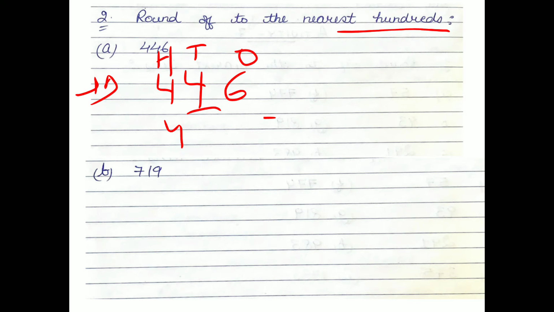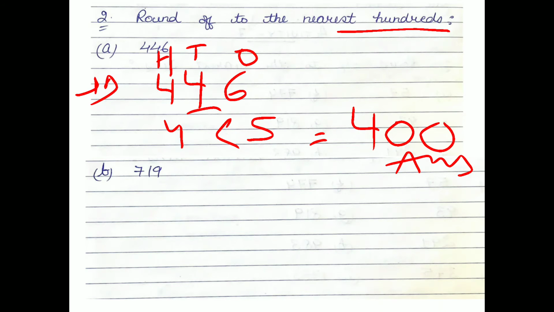Compare with 5. Is your number greater? No. Will you add any number on 100 place? No. So 100 place number will come as it is. The underlined digit becomes 0, and after the underlined digit the other number also becomes 0, because in 100 how many zeros come? 2. So this will be the answer. Now we do B part.